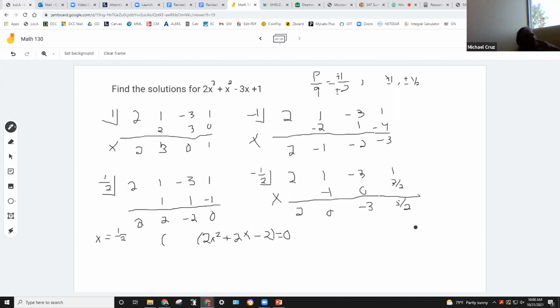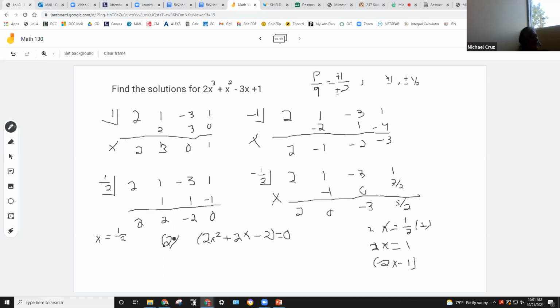Now, just to show you, in case you kind of forgot, when you got x equal to 1/2, to get back to it as a factor, you got to multiply both sides by 2. When you multiply those by 2, you're going to have 2x is equal to 1. And then that's 2x minus 1 is one of the factors.